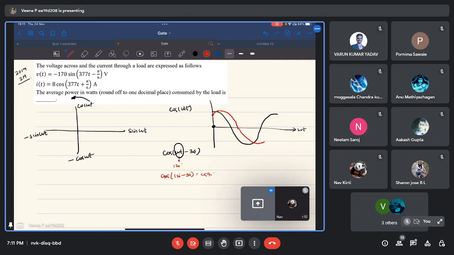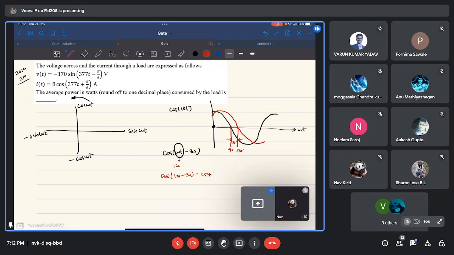Now what is the phase difference between these two waveforms? To find the phase difference, you consider any two similar points. So here let us take this point where the waveform reaches 0. For cos omega t, the waveform reaches 0 at 90 degrees. For cos omega t minus 30, the waveform reaches 0 at 120 degrees. So the phase difference between these two is 30 degrees.